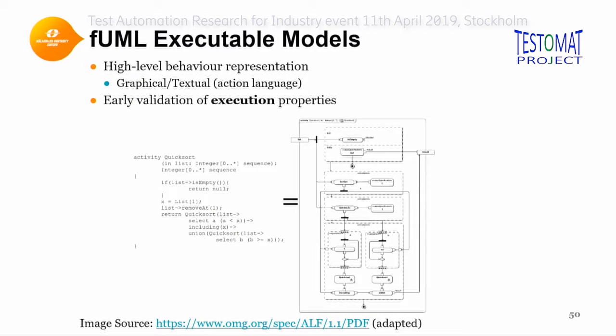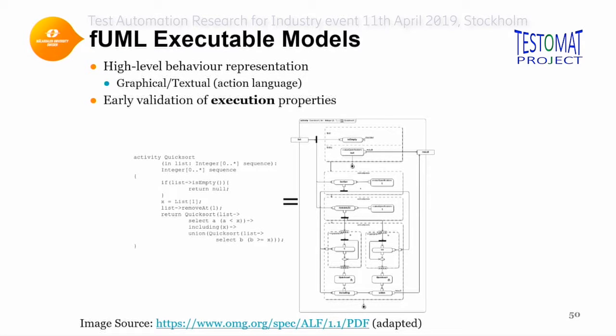There is a subset of models called executable models. In an executable model, you can annotate the state transitions with some behavior in a quite detailed fashion. This can be done both graphically but also textually using what is known as action languages.